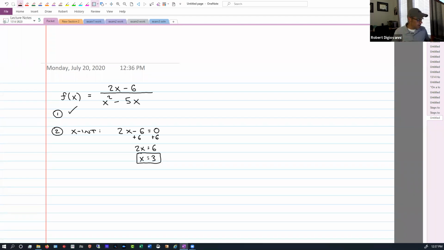Okay, step 3, we need the vertical asymptotes, right? So we'll set the denominator equal to 0. And what type of equation is this? You recognize that?